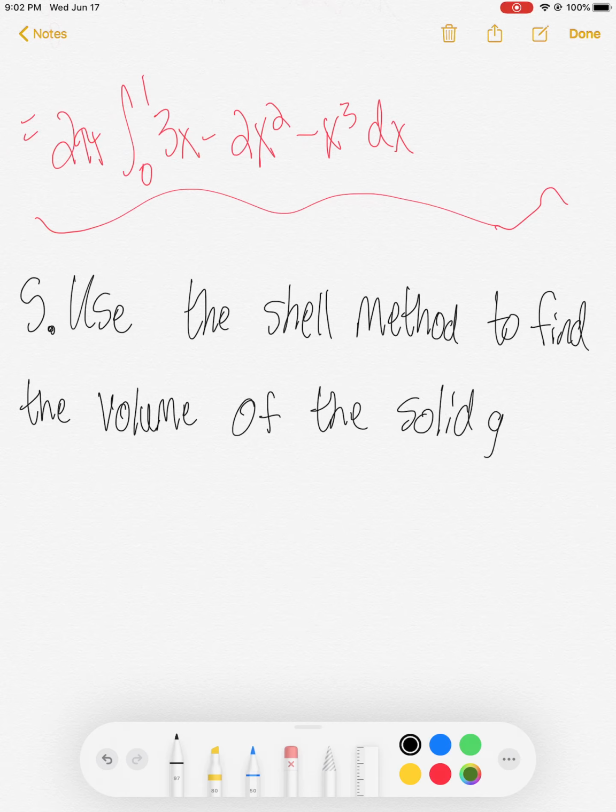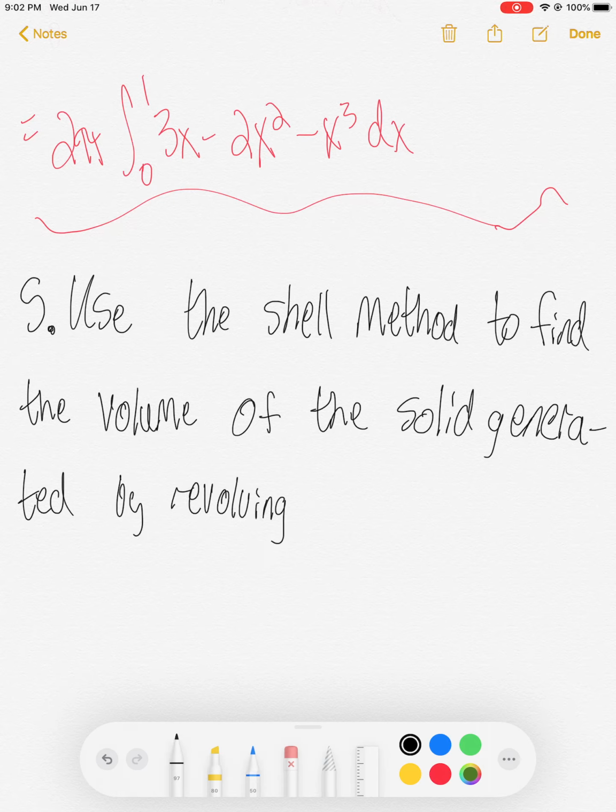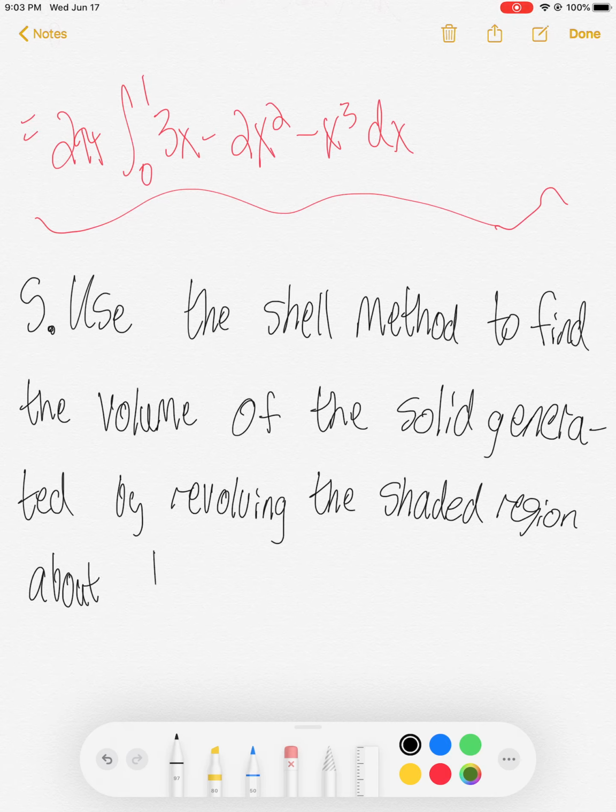Also, this time they give us a picture, which is very nice and convenient. Generated by revolving the shaded region about the x-axis.